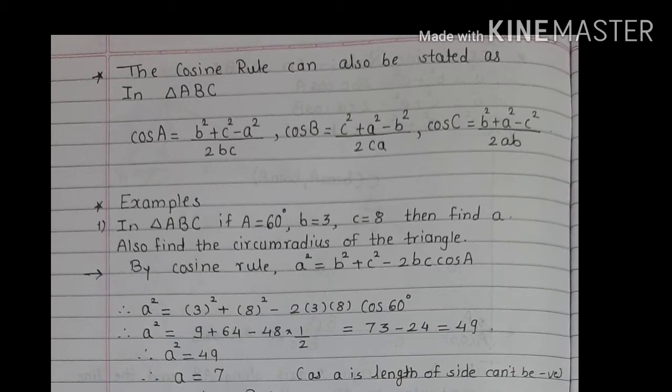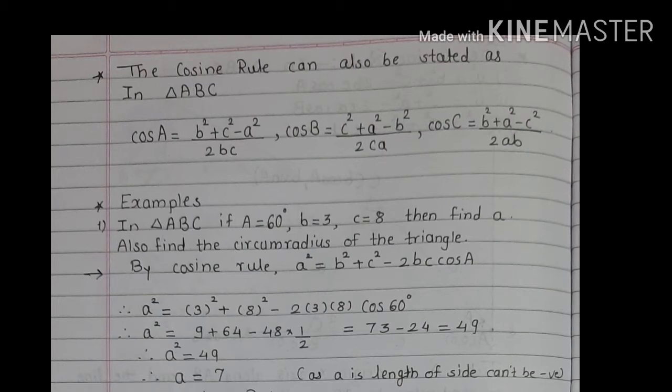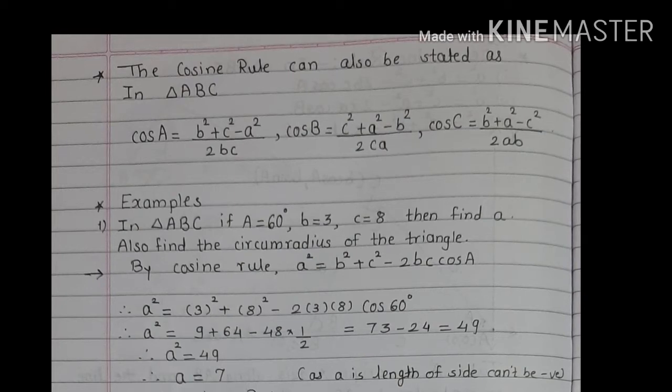Cos B is equal to (c square plus a square minus b square) divided by 2ca, and cos C is equal to (b square plus a square minus c square) divided by 2ab, where small a, b, c are lengths of the sides and capital A, B, C are the angles.